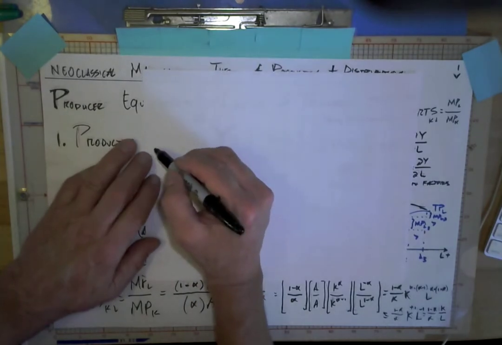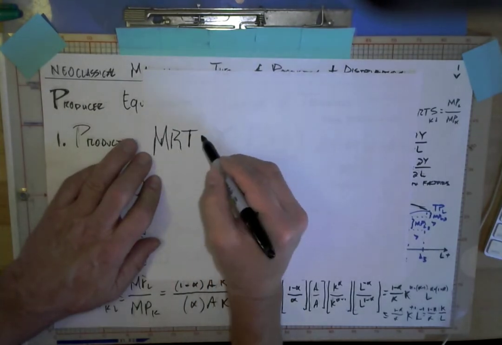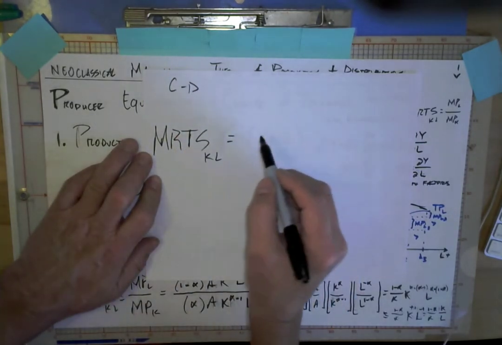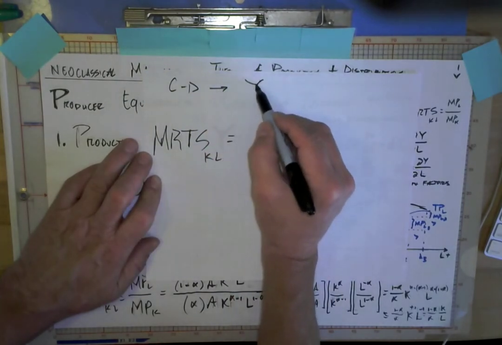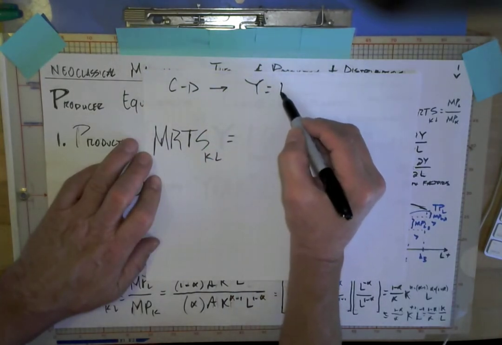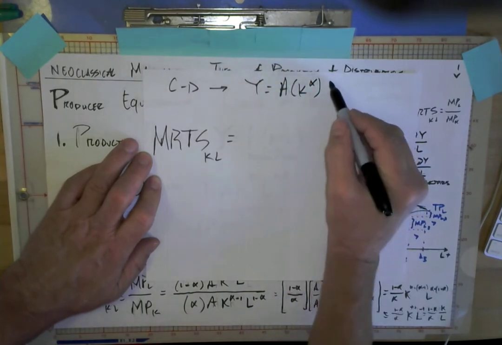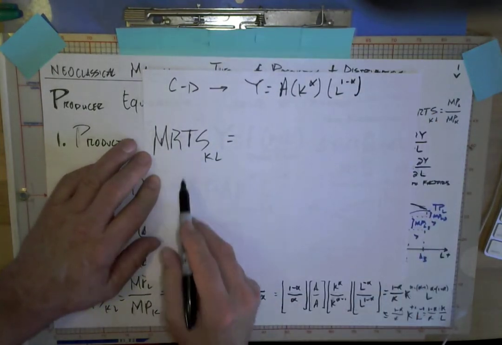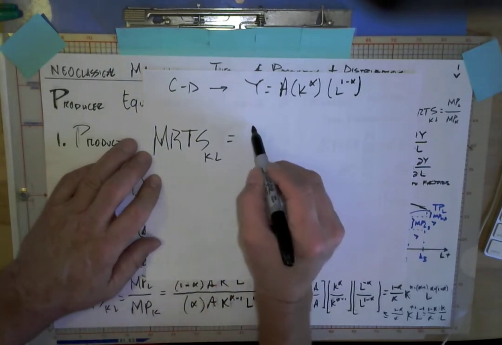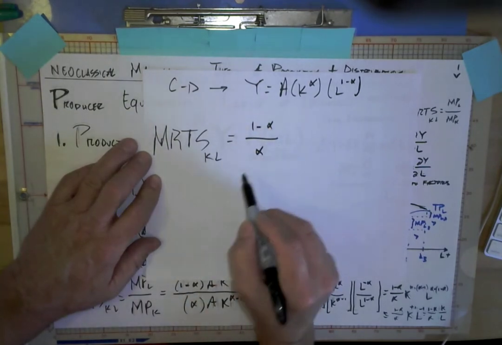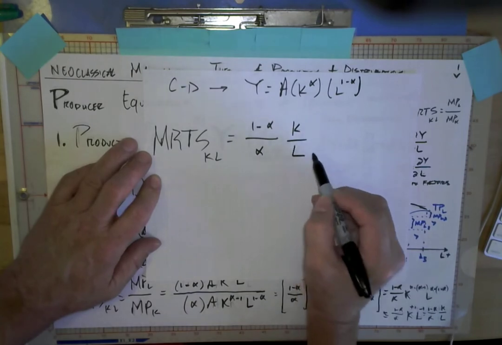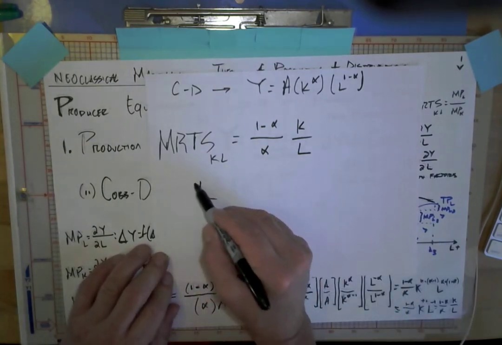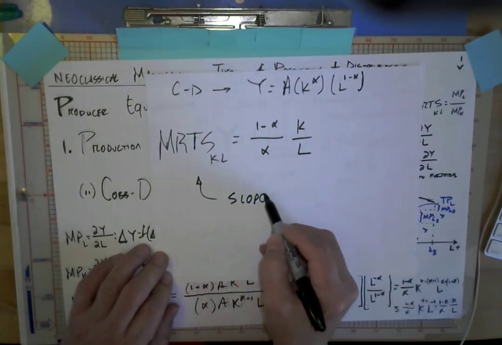We're going to say then that the marginal rate of technical substitution of capital for labor in the Cobb-Douglas form, where Y is equal to A K to the alpha L to the 1 minus alpha, is going to be equal to 1 minus alpha over alpha times K over L. That's going to be the slope of the isoquant.